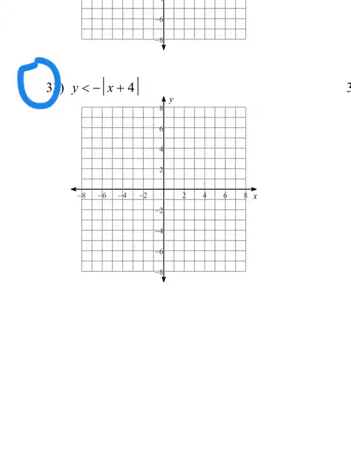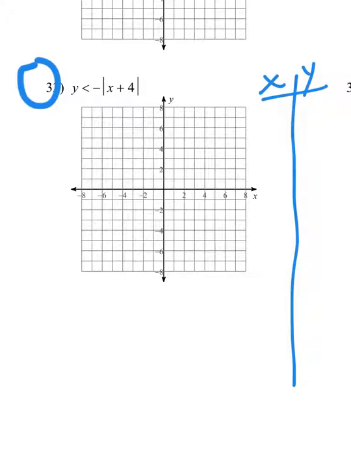Now notice this has this negative sign out in front of absolute value, or like -1 times that, and then it's got the +4 inside. So when we make our table here, I'm going to actually start at -3, -2, -1, 0, 1, and 2. Now realize it's got absolute value, so there's a negative out in front, which means the V is going to be upside down.